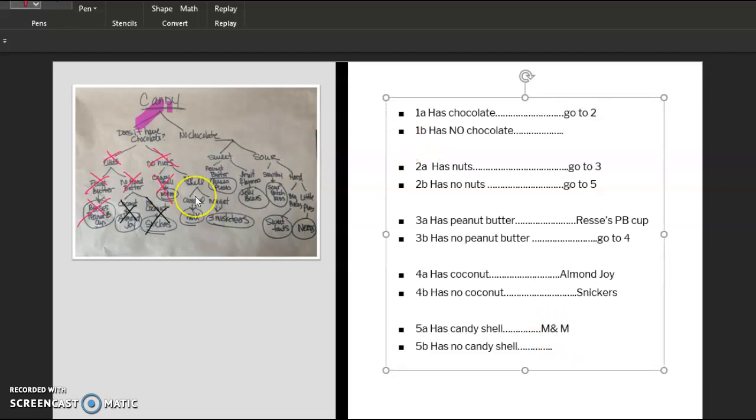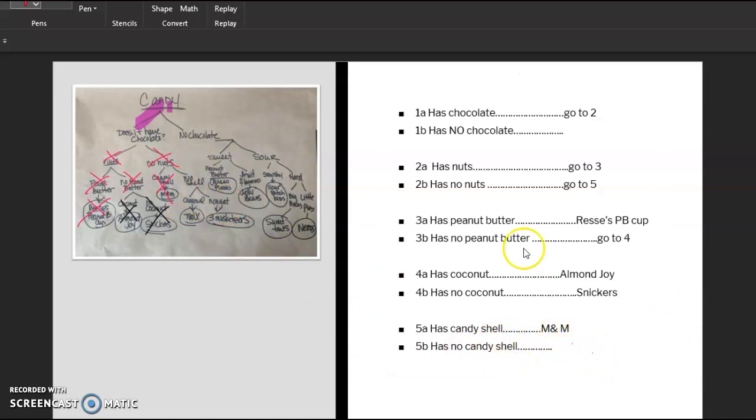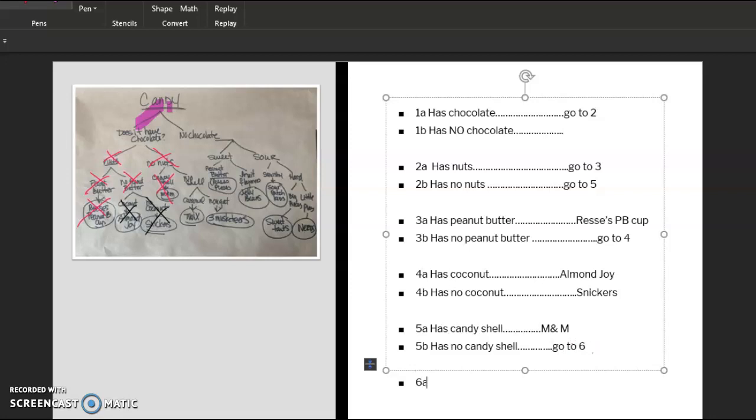And if the answer was no candy shell, well, I'm still not where I need to be yet. I still got one more question. So that means I'm going to have to say go to 6. And then I know I need a 6A and a 6B.